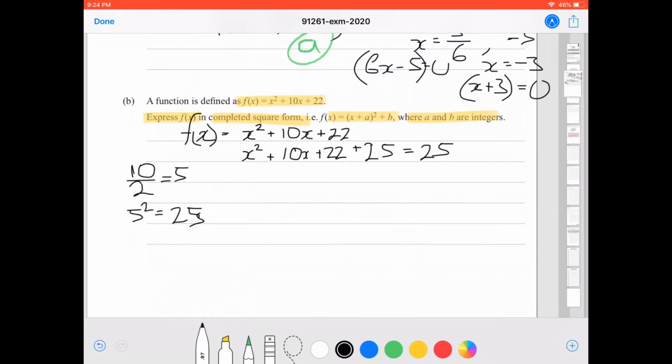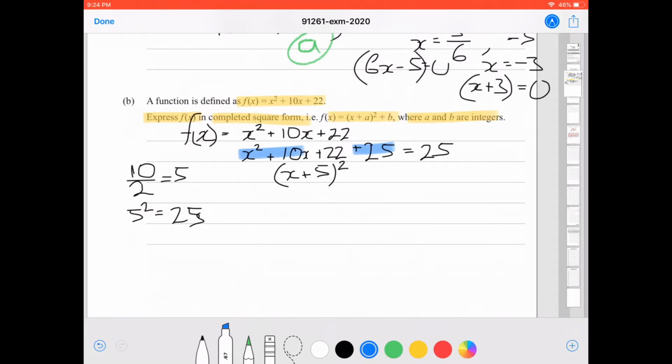At this point, we can say x plus 5 all squared. Now that would make up these three terms, the x squared, the 10x, and the 25.